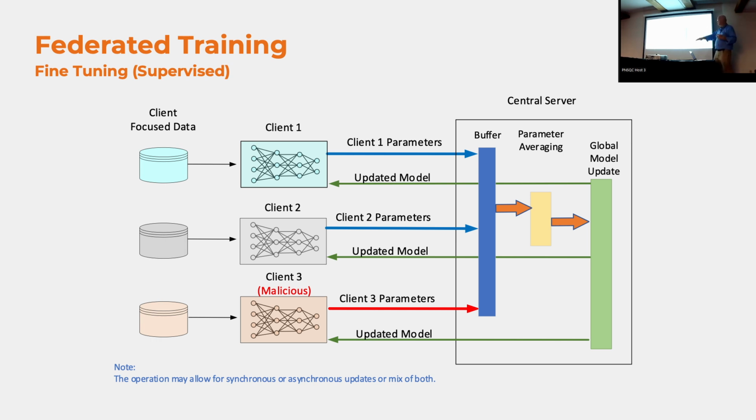So it's taking all these different parameter updates, averaging them, recreating and updating the model, and it sends that model back down to the clients. And so everybody is sharing this information. So this might be Kaiser, this might be Providence, whatever. Kaiser has a huge amount of data, and so Providence could benefit from that. So there are scenarios for this.